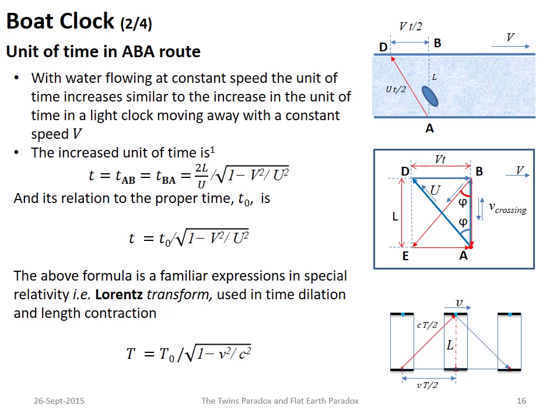Its relation to the proper time t0 is t equals t0 divided by the square root of 1 minus v squared divided by u squared. The above formula is a familiar expression in special relativity, that is, the Lorentz transform. It is used in time dilation and length contraction.